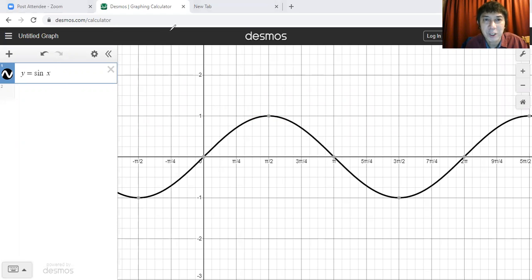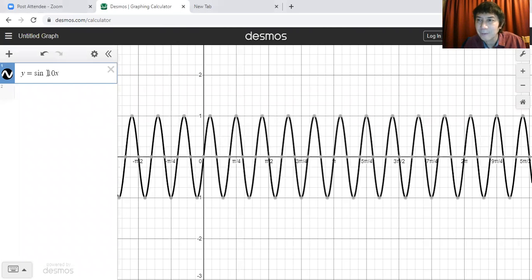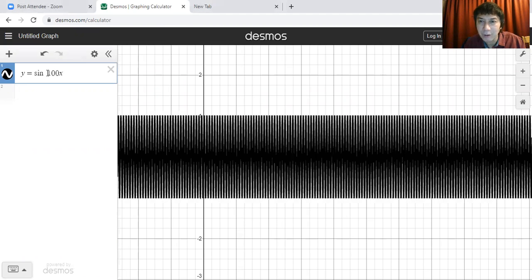Now how about the frequency? The frequency is the number you put as the coefficient of x. If you put 10 there, you will have a high frequency. If you put 100, you will have a very, very high frequency.